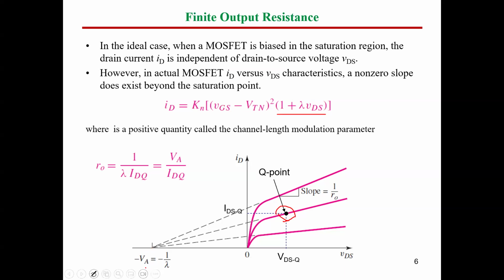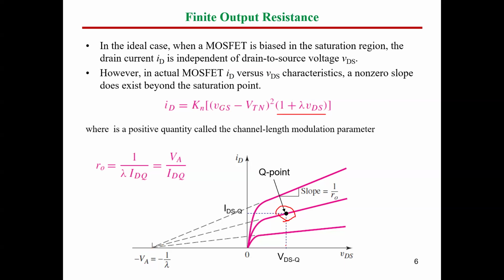So how can I get this resistance? This resistance equals, for sure, since this is now our triangle, we can get it from here. VA is this voltage.